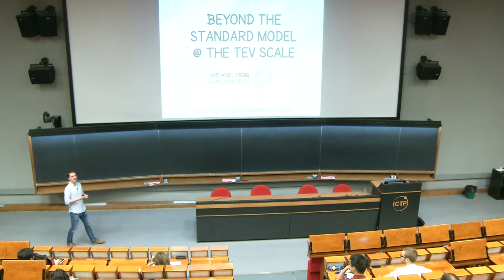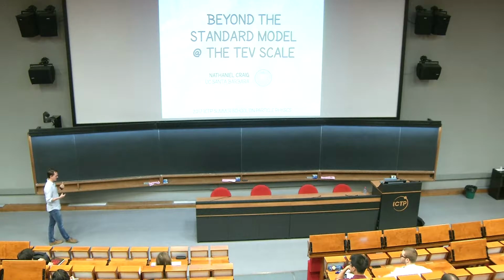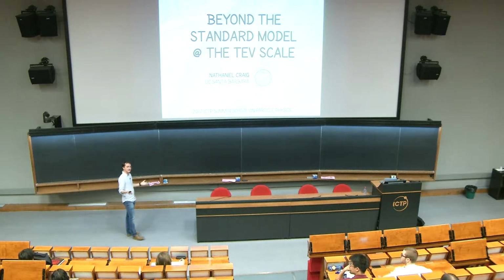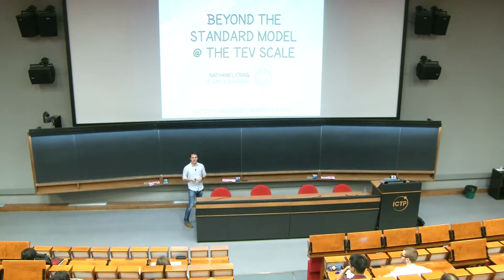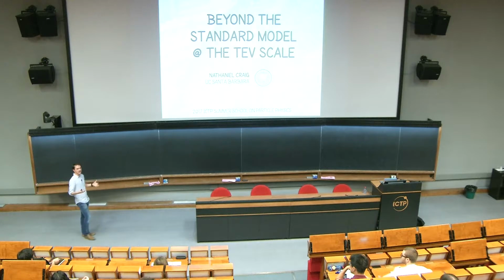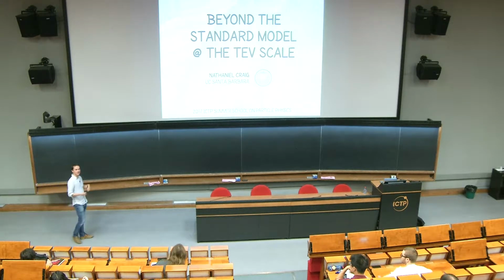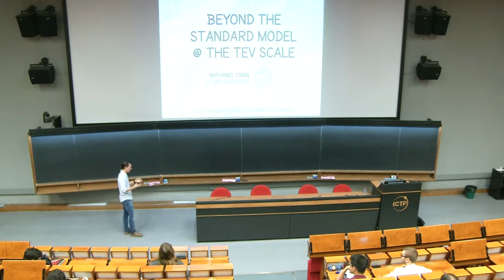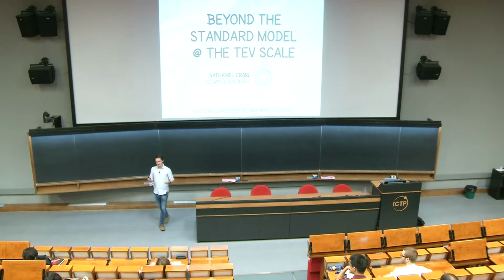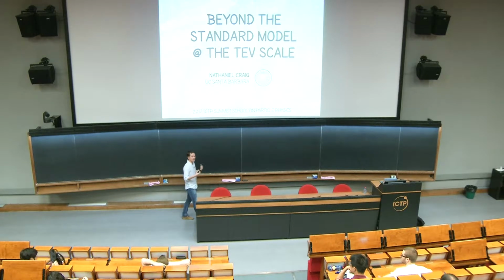So given those pieces of information, it was suggestive to think that maybe the solution to the hierarchy problem lies in symmetries, right? Maybe there's an extension of the standard model that makes the Higgs mass natural in a technically natural sense when it's taken to 0. And then we sort of argued that really, at the end of the day, in terms of the four-dimensional effective theory, there were really only two options, right? The options were supersymmetry or global symmetries. And there really wasn't anything else available to us, at least in 4 dimensions, to apply as a symmetry that would act on the Higgs mass.